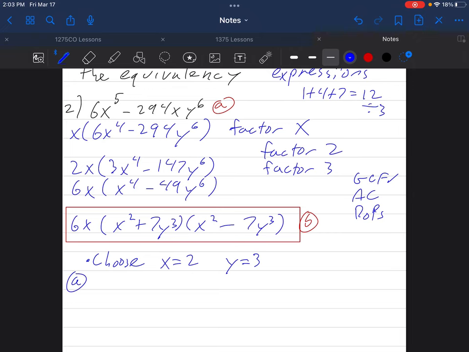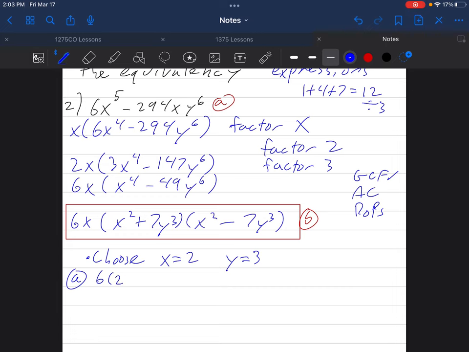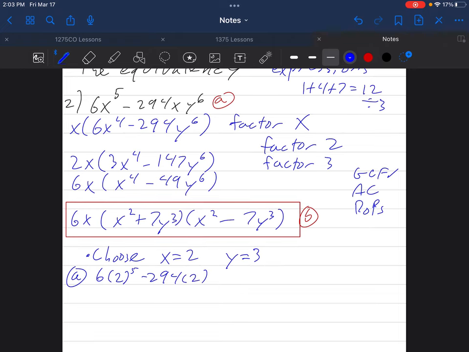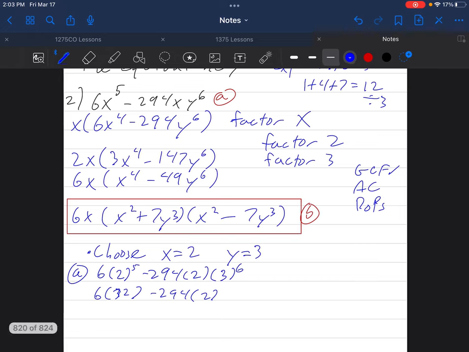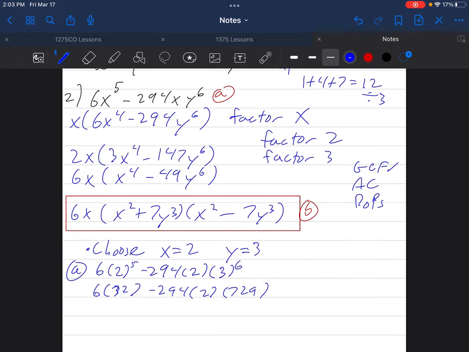So let's look at expression A first, right? 6x to the 5th, that means 6 times 2 to the 5th minus 294 times 2 to the 1st power times 3 to the 6th power. Right, so 6 times 32, following order of operations, minus 294 times 2 times 729, which is 3 to the 6th power.